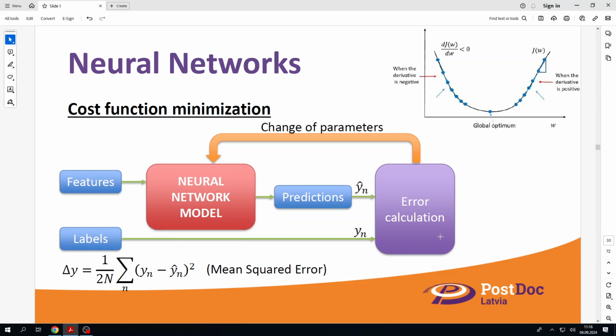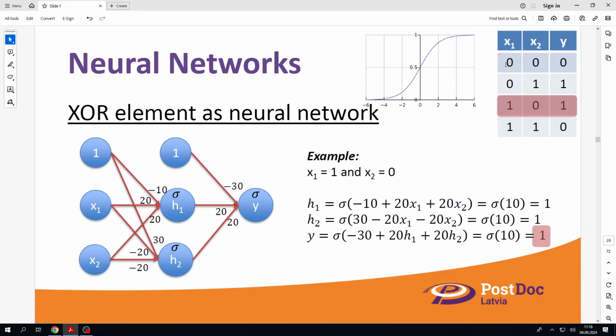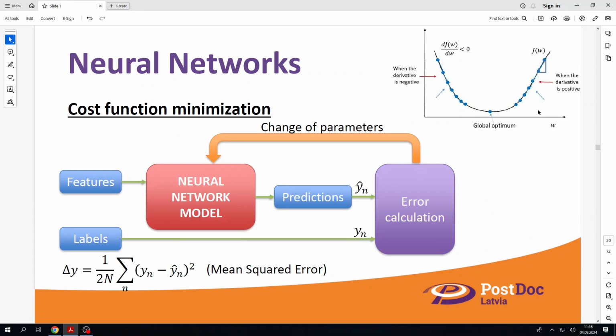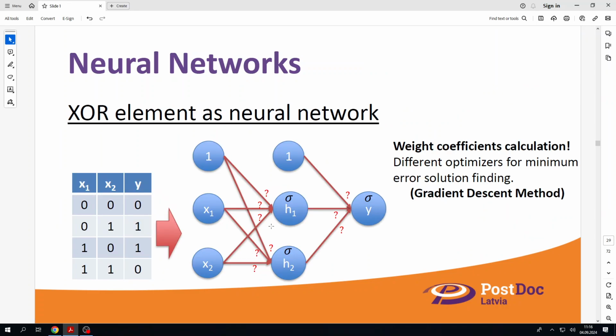The training process of this entire neural network is actually quite simple and straightforward. You take all the data you have, so in this particular case, this entire table of 4 rows. Then you set some initial numbers. You can't really set them to zeros because it will not work, so you just have to put some random small values. You pick them randomly and try to make predictions with this neural network.